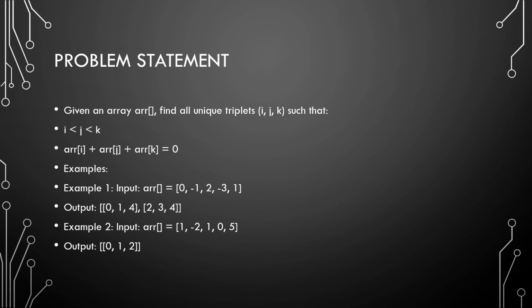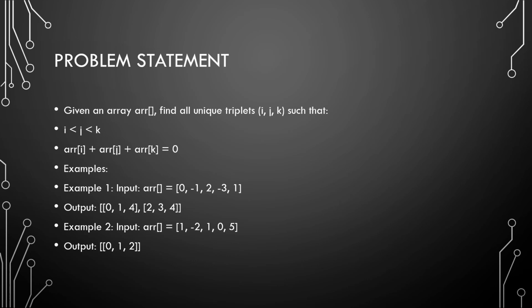For example, given the array with elements 0, -1, 2, -3, 1, the triplets with sum 0 are at indices 0, 1, 4 and 2, 3, 4.